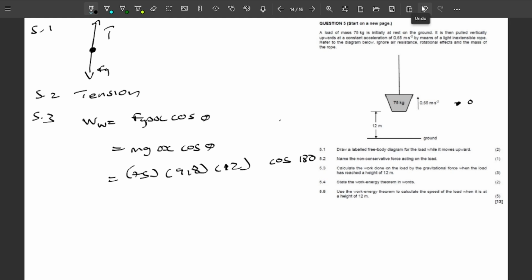That's why they say 180, because cos 180 is equivalent to -1. So it's an opposite. It's something that is opposing the motion of this bucket or whatever this load of mass it is. So you're more than welcome to take it in that analogy to make your life easy.